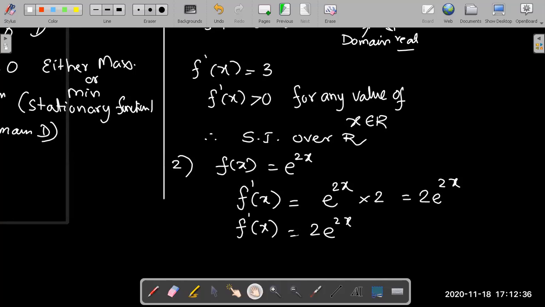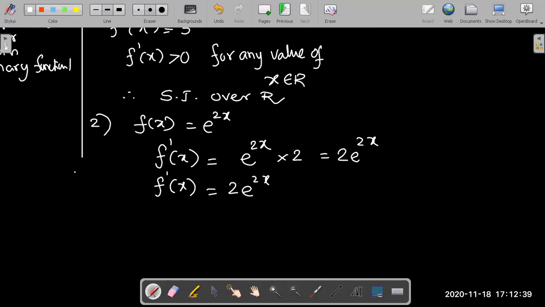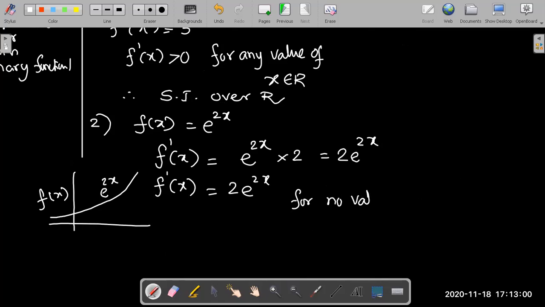For this, we just have to draw a little bit of graph. f of x, which is e power 2x, will be something like this. This is the e power 2x graph. It is continuously increasing. For no value of x is e power 2x equal to 0 or less than 0.